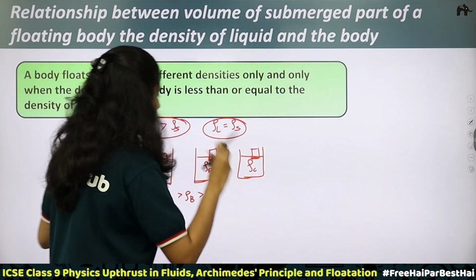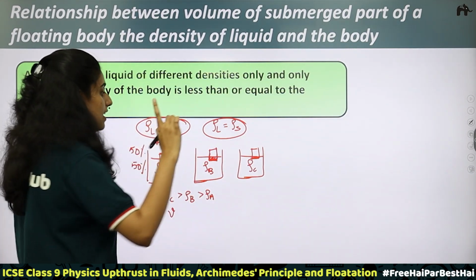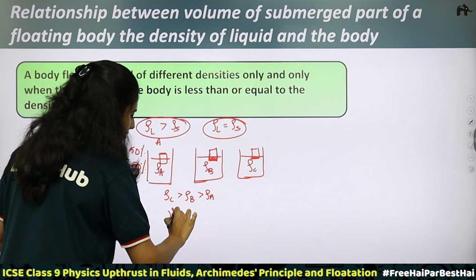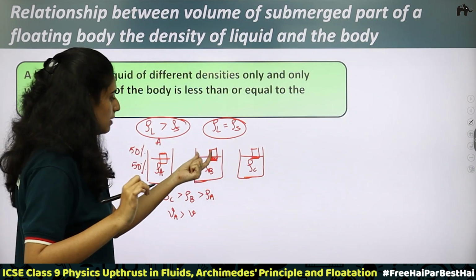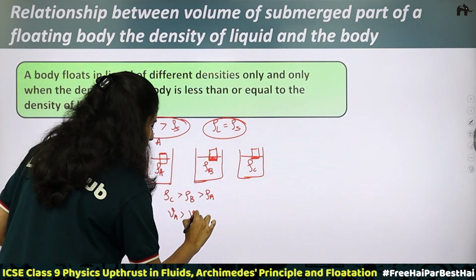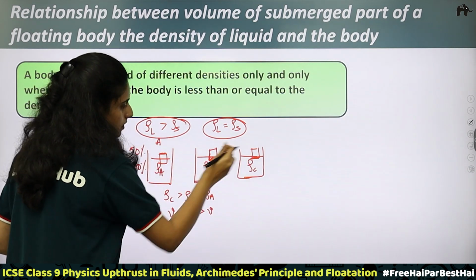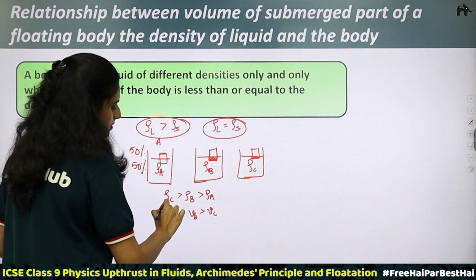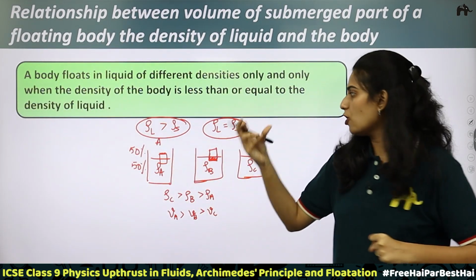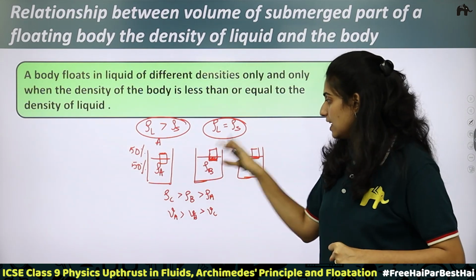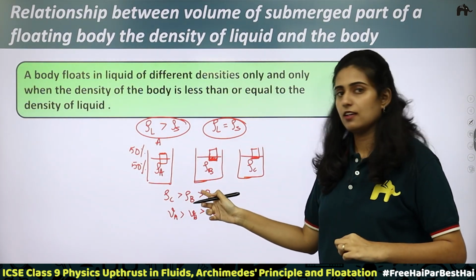So the volume of body that is immersed, small v, in the first case A is greater than the volume of the immersed portion in B, which is greater than the volume of the immersed portion in C. That is an inverse relation. When density of the liquid increases, the volume of the body that is immersed, or the volume of liquid that gets displaced, will be decreasing.